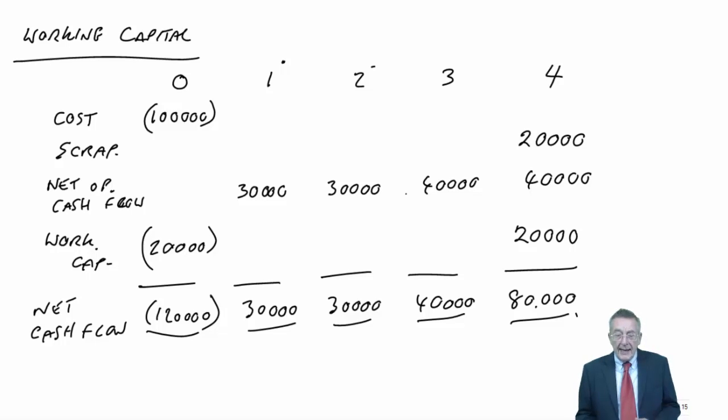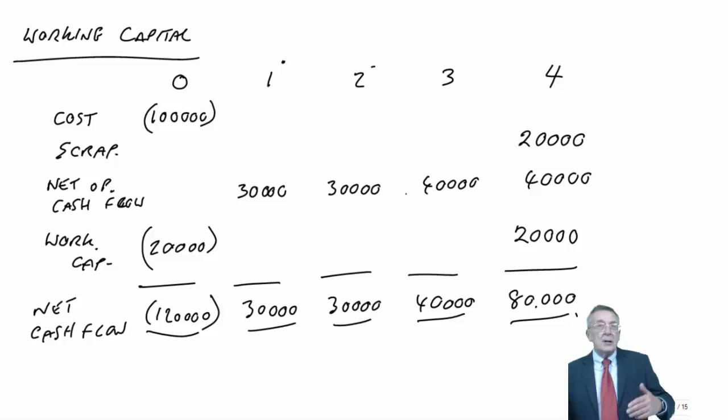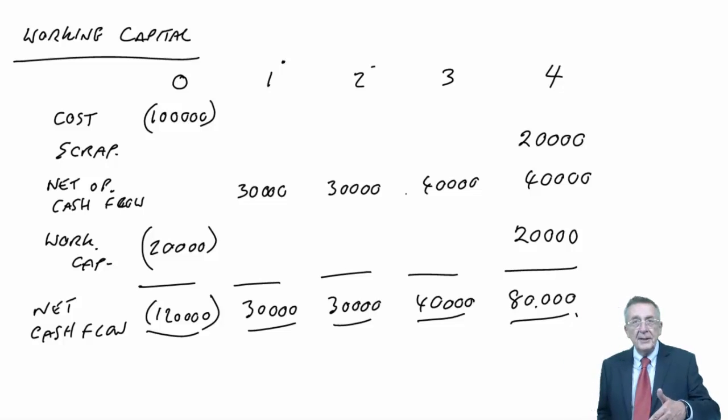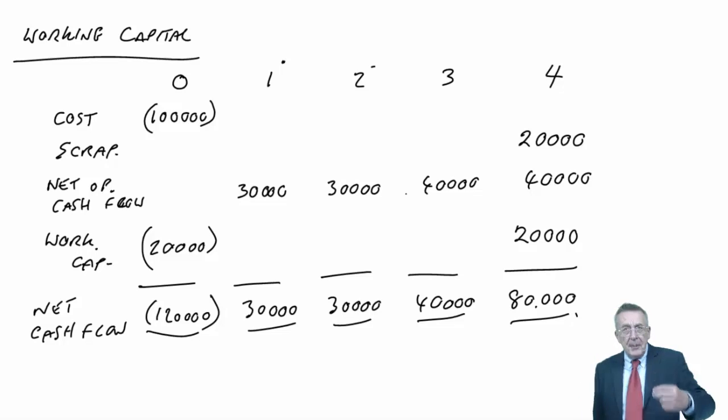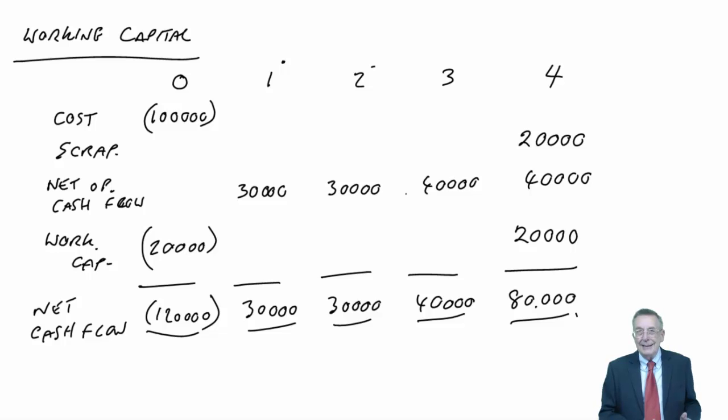But one extra little complication is, although you have to pay tax on your profits, you should be aware that the capital expenditure will entitle us to capital allowances or tax allowable depreciation.